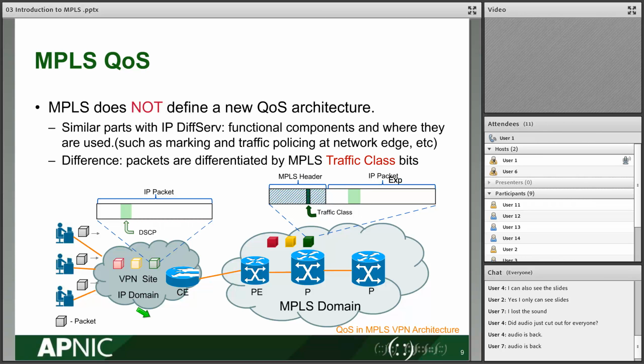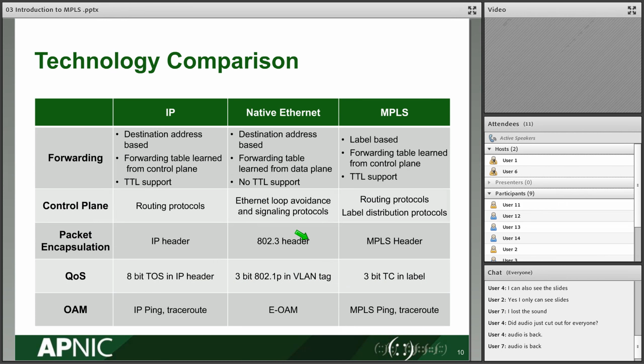And if you are running VLAN, you can also map the Q tag into the traffic class. So MPLS can also support quality of service. These are the three main applications of MPLS used nowadays in the service provider network. These are the reasons why MPLS is used widely in our networks.